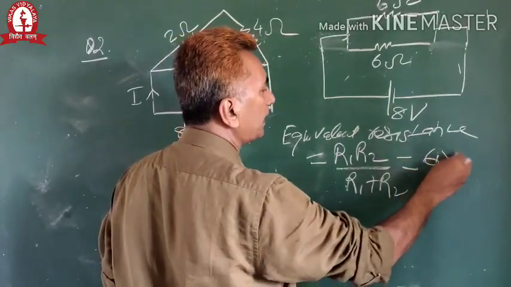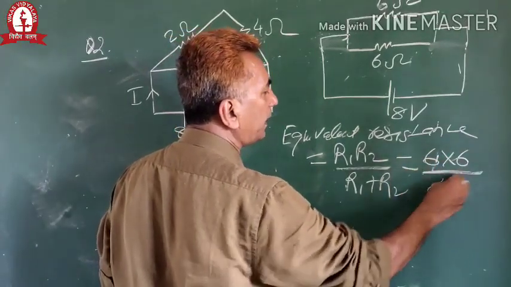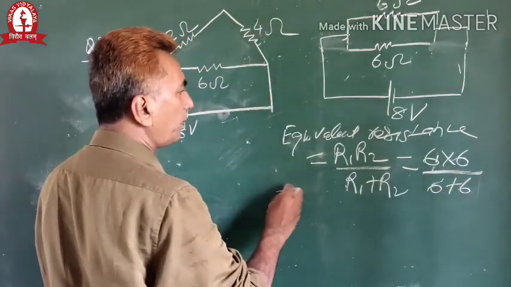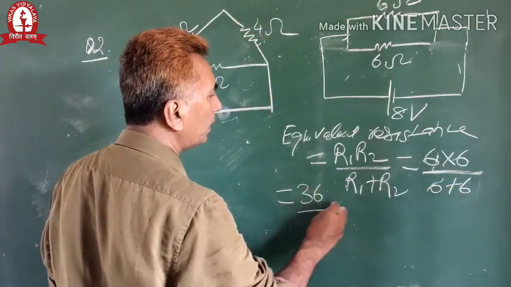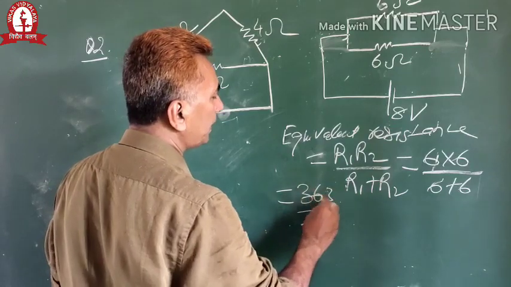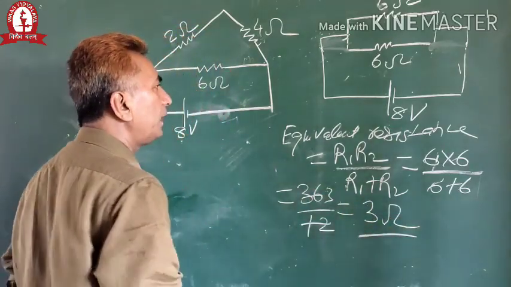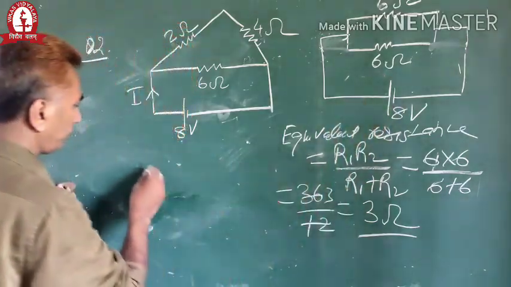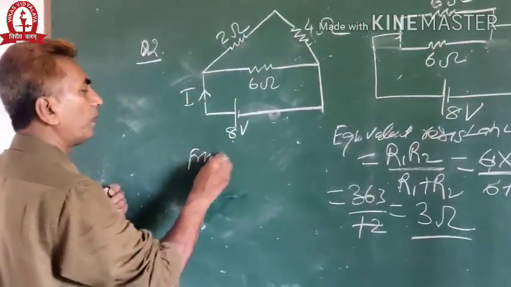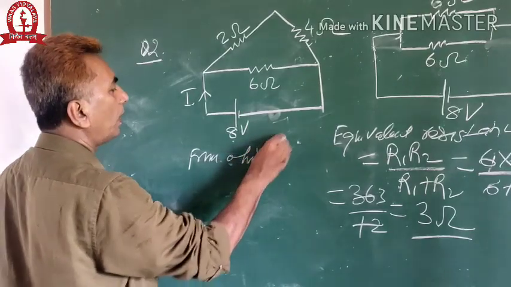Here 6 multiplied by 6 divided by 6 plus 6. So this becomes 36 upon 12. 12 threes are 36. So 3 ohm. Equivalent resistance is 3 ohm.